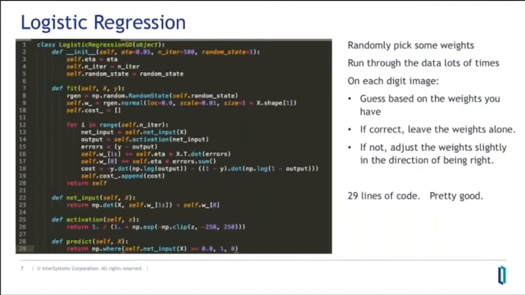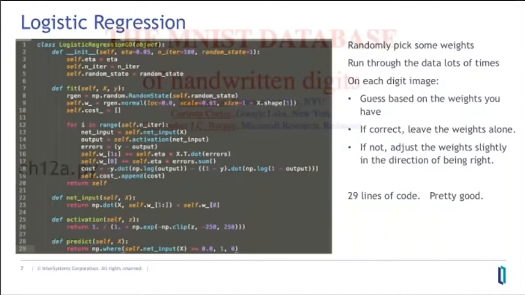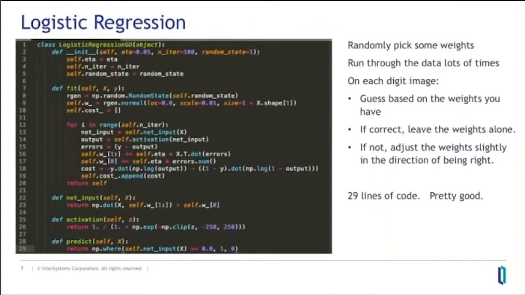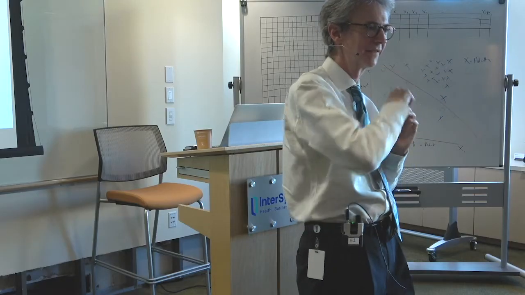Okay, so this particular one is called Logistic Regression. Let's see how it works. First of all, back on the magic of this. I think it's amazing that 29 lines of code can basically separate out handwritten digits. But it's not just 29 lines of code. What else is it? The data.